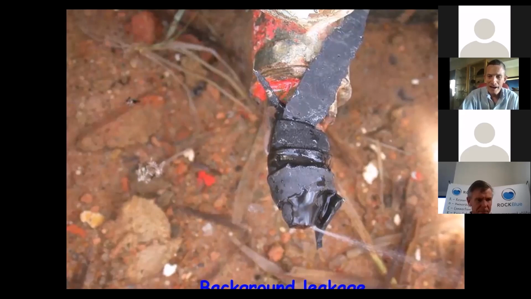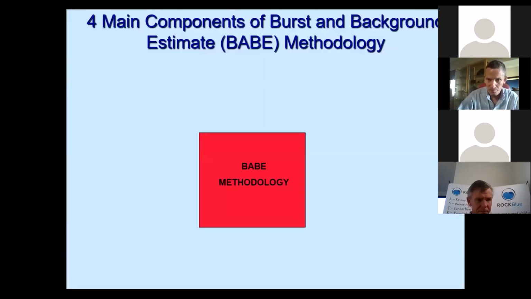However, background leakage can often be so significant that it's greater than the burst leakage. So it's important to understand every system will have leaks. Some of them will be burst leaks that you can find with leak detection equipment. Others will be background leaks that you can only repair through replacing the network or through pressure management.